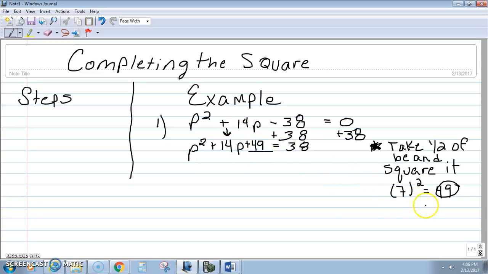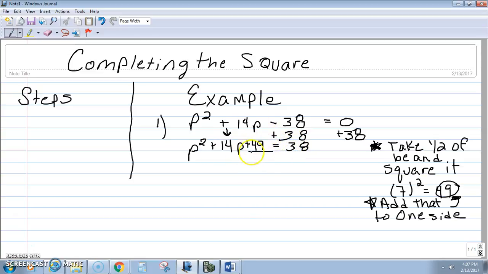Okay, so then we're going to add that answer, 49, to one side. Okay, and what you do to one side, and I hope you said, you have to do to the other.